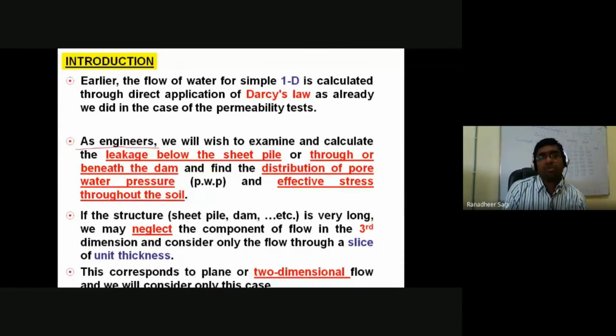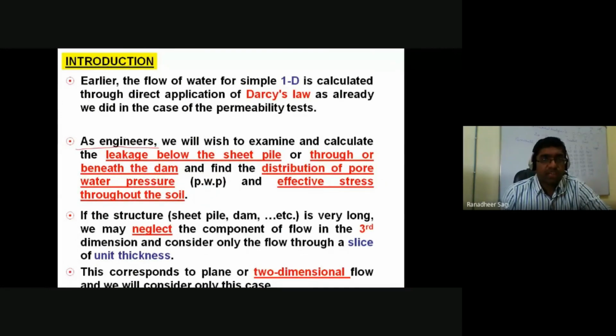So in all such hydraulic problems we may not deal only with one-dimensional analysis; we will come across two-dimensional analysis for calculating the flow condition.